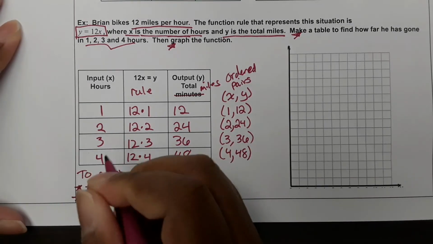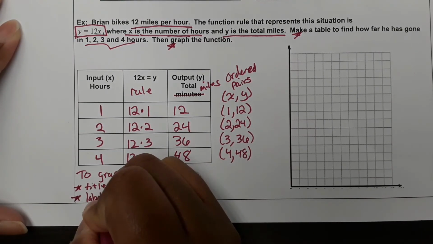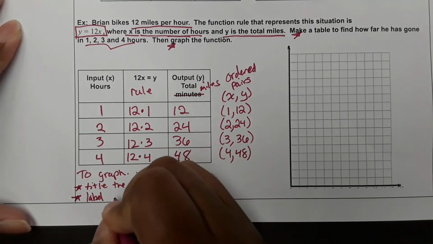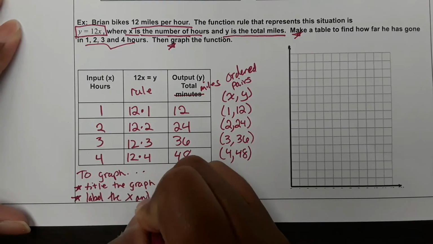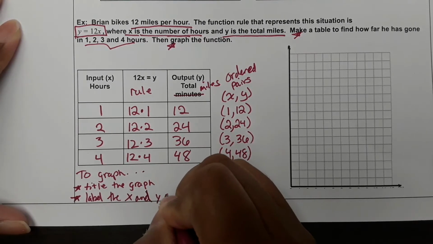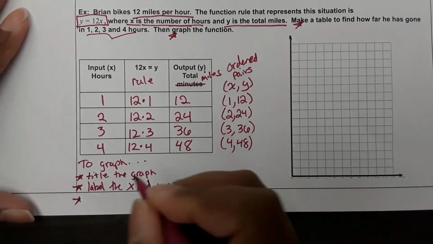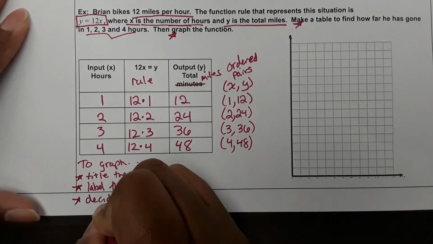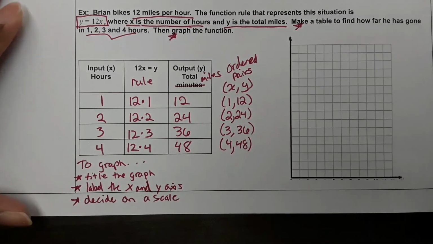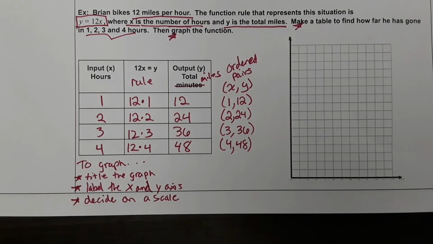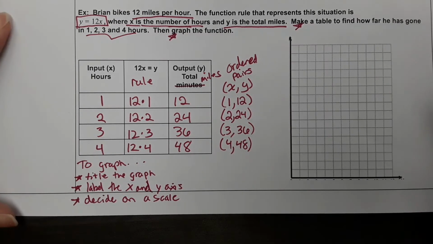Next, we're going to make sure to label our x and y axis. And then, of course, you're going to need to decide on a scale. Because we wanted to show how Brian's bike ride went, so the distance he traveled.